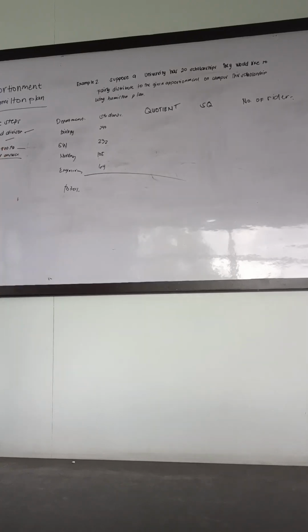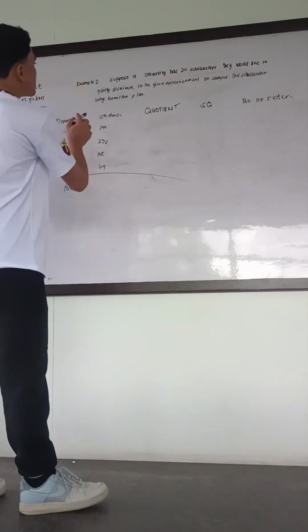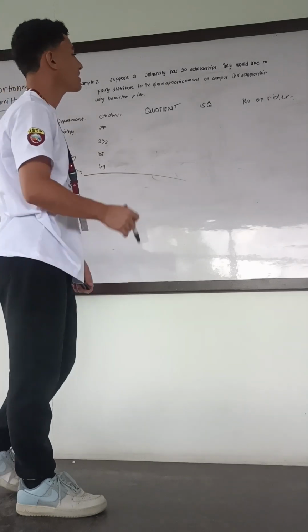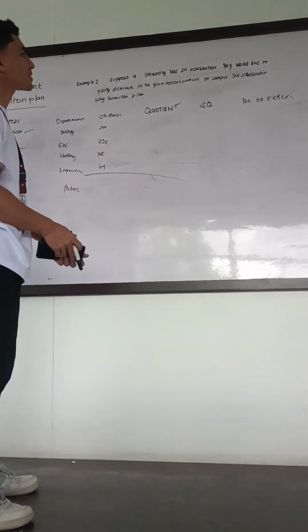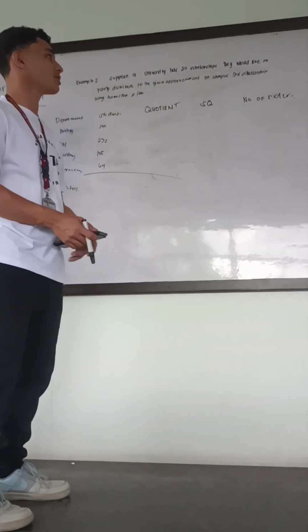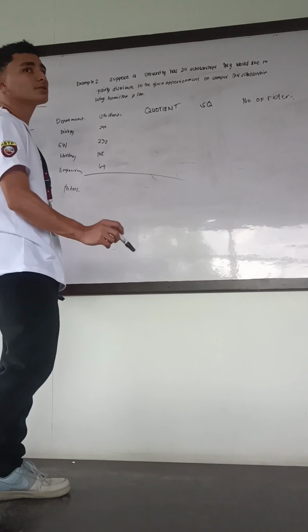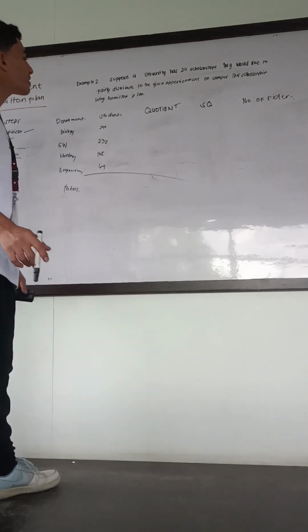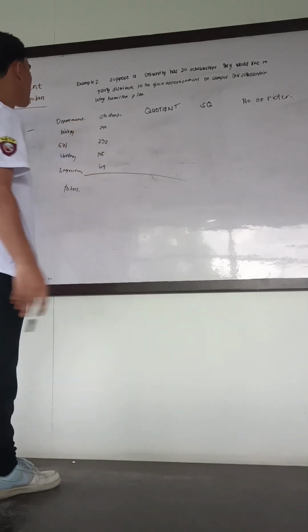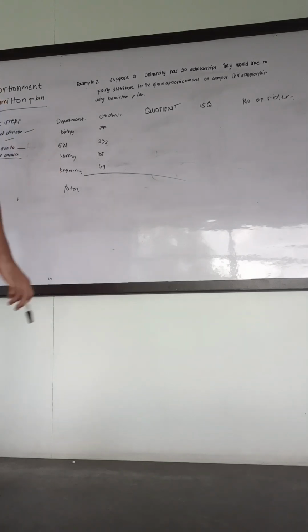So let us now proceed to our second example, which is, suppose a university has 20 scholarships. They would like to fairly distribute this scholarship to the given departments on campus using a certain method. So given the data in each department: biology, social work, nursing, engineering.